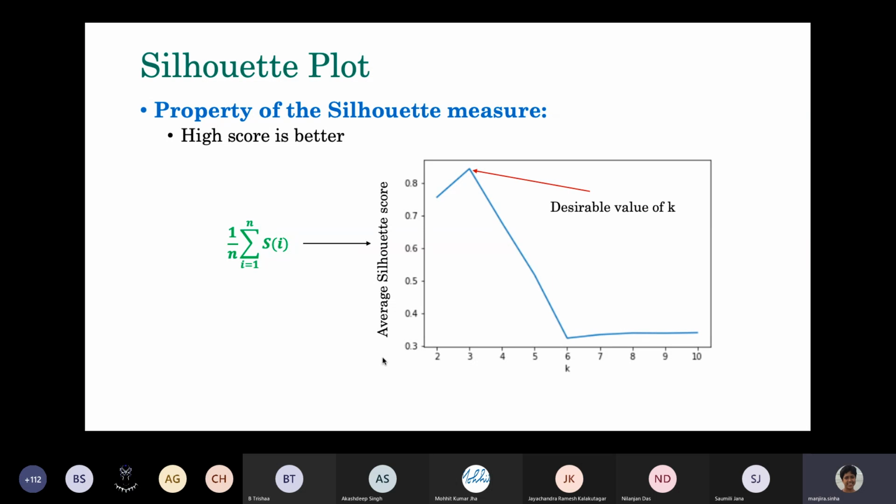Now, the property of the silhouette measure. How do we find desirable values of K? Again, we take the average silhouette score over all the data instances for an n-point data set, and we plot the average silhouette score versus K. In this case, the higher the score, the better.